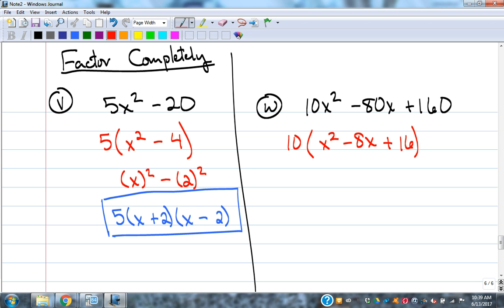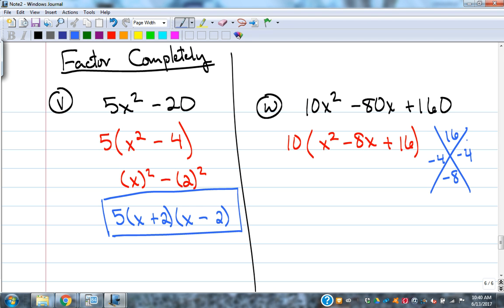So I'm going to try to do what method with that piece? I'm going to try to do the X method. So I need something that multiplies to be 16 and adds to be negative 8. This 10 is kind of hanging out here in the front, just watching what's happening. Negative 4 and negative 4.